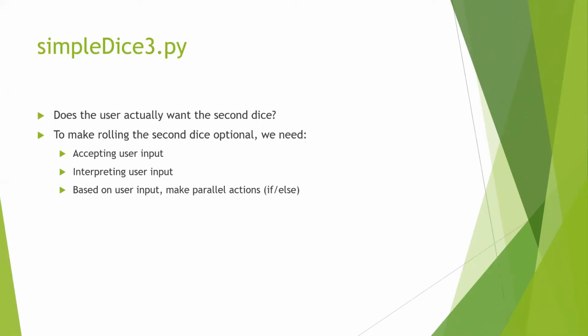I don't need the second dice. But if you do it anyway, well, it's okay, but the user may not like it. We're just exploring new possibilities. All right. So to make rolling the second dice optional, we would need to accept user input and to actually interpret the user input. And based on that, we want to make parallel actions. So if the user says yes, I want to roll it, then we're going to actually do it. If the user says something else, well, we don't want to.